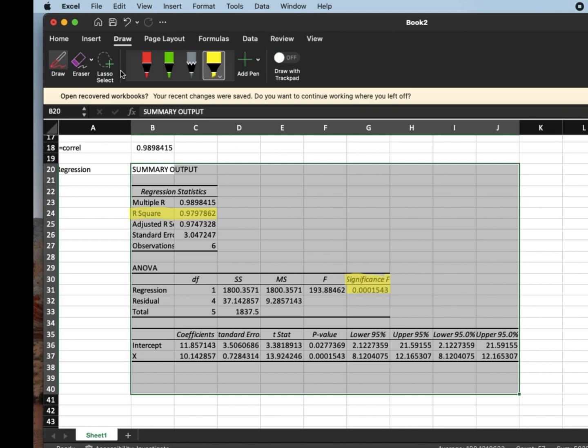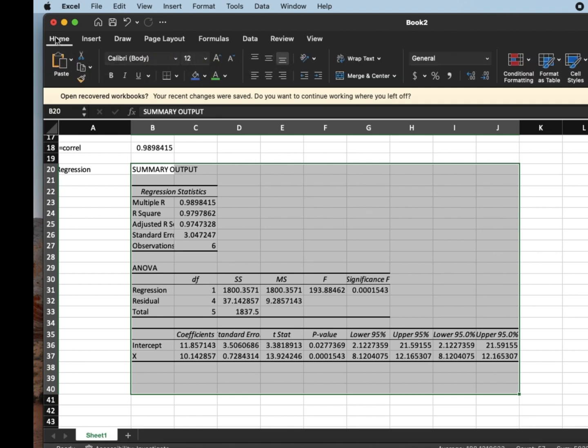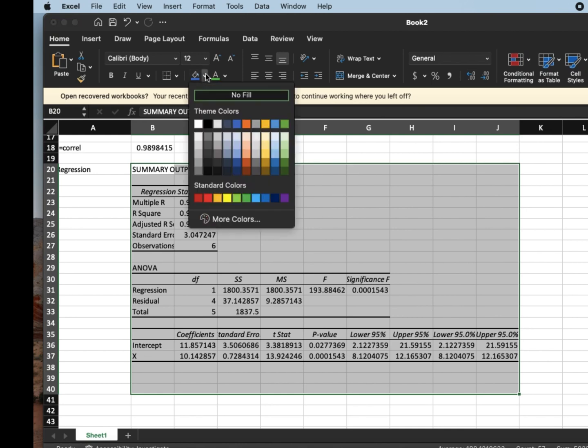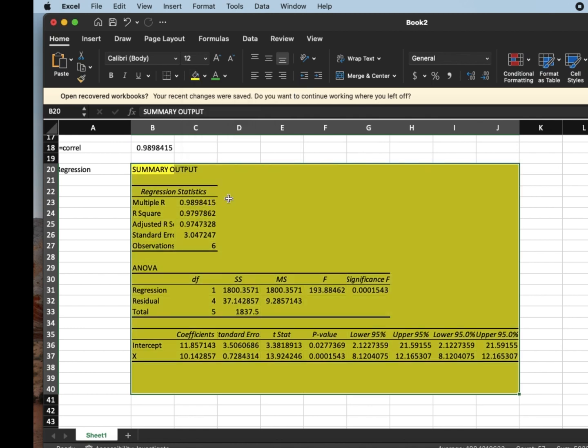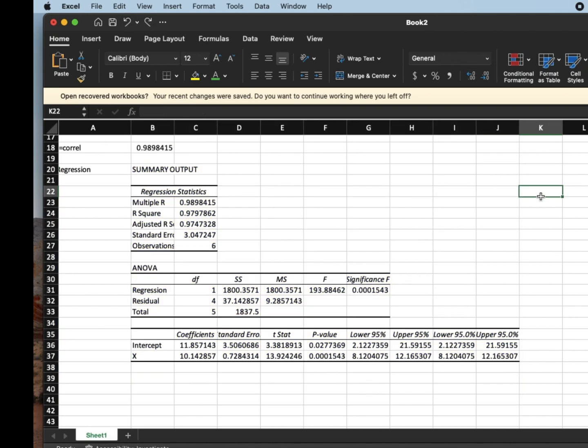It would be better if we color it. Let me color that with yellow. So this is your summary output, and I would like to highlight the four areas that we need to interpret.